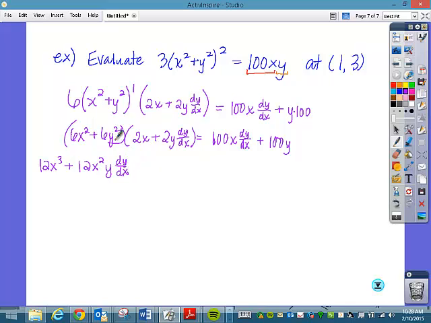Then the inside terms will give me 12xy squared. And then the last terms are 12y cubed dy dx equals 100x dy dx plus 100y.